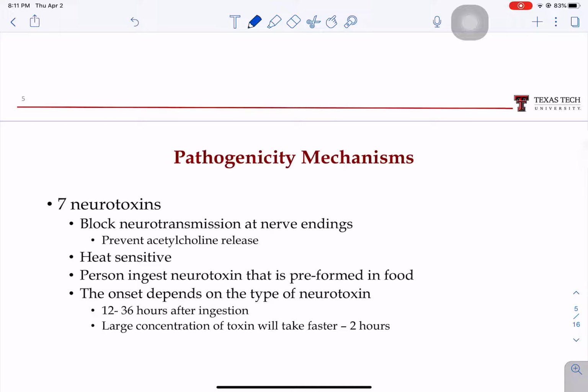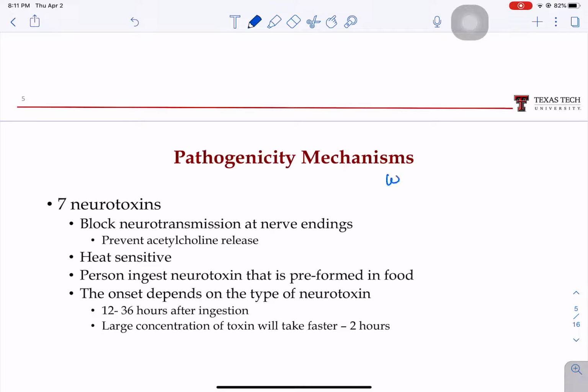Now, the mechanism of pathogenicity of this microorganism has to do with the type of illness and also how the neurotoxin works. We are going to review later on in some of the slides that there are different types of illnesses. So we have wound botulism. Let me write it down here, although it's going to come up in a few minutes.